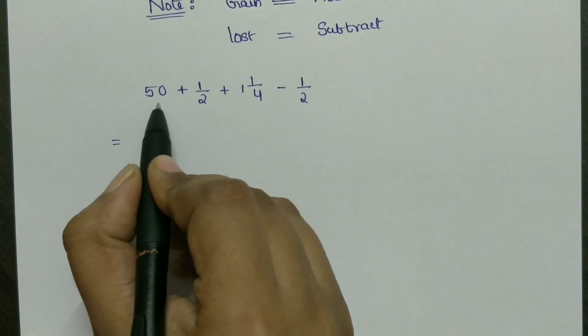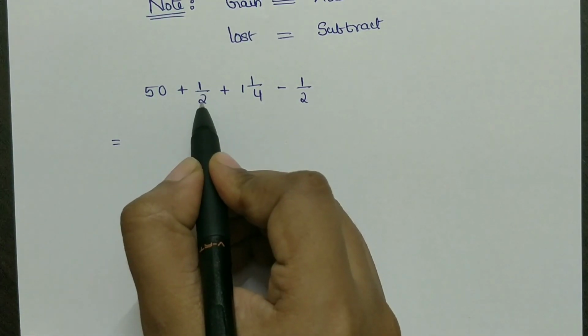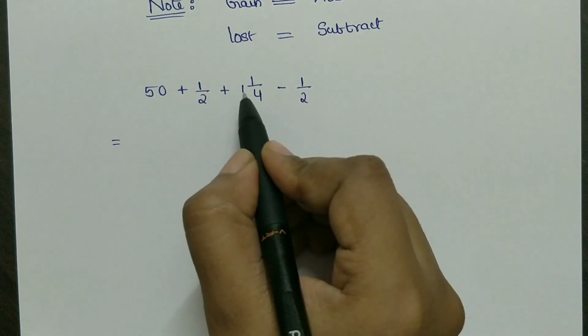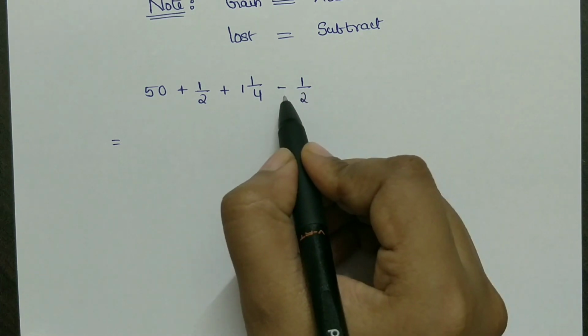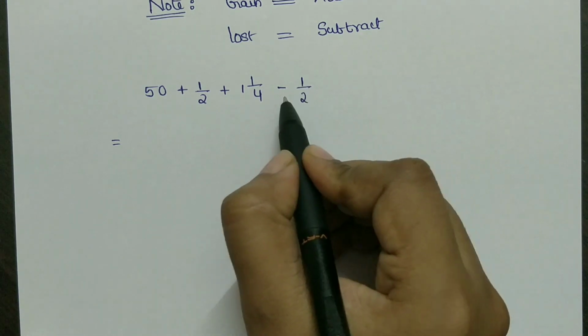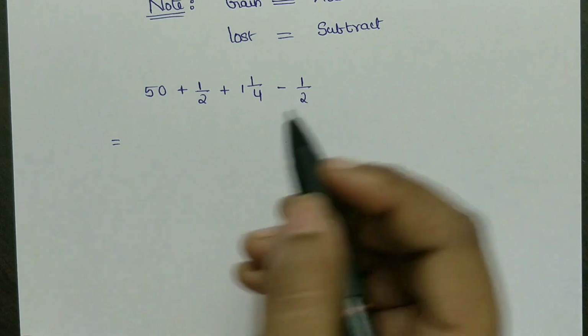From 50 kgs, he gained half kg during the first week, 1 by 4 kg he gained in second week, but lost 1 by 2 kg in third week.